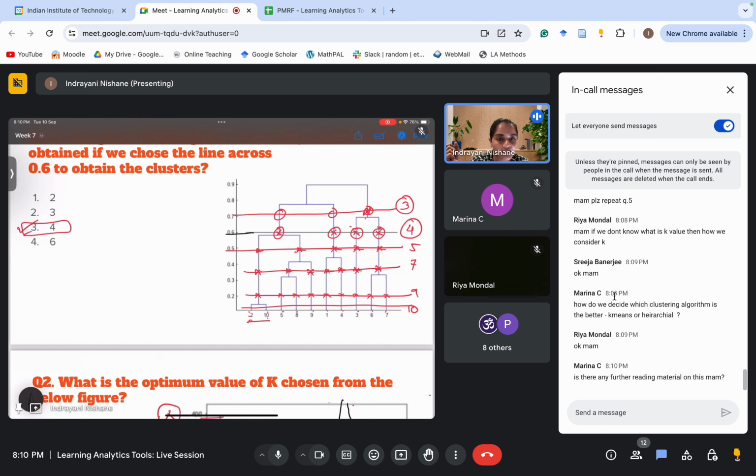Is there any further reading material on this? The reading material will become more complicated. I'll advise you to go through the videos again, twice or thrice, and the PPTs which Ram sir is using for teaching. If you're interested to know more about this topic, you can look on Google, or search for videos on YouTube on the particular topic you are interested in.